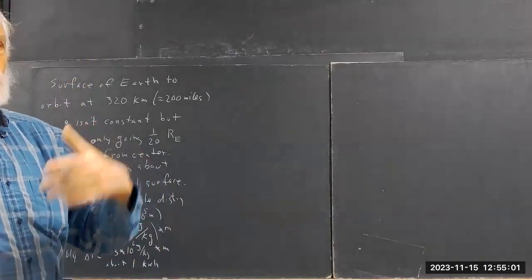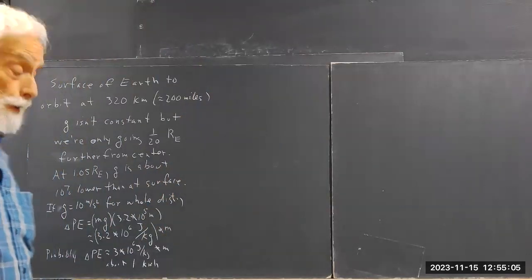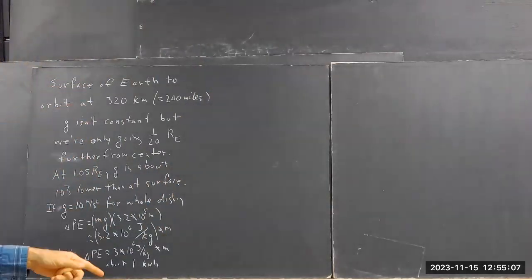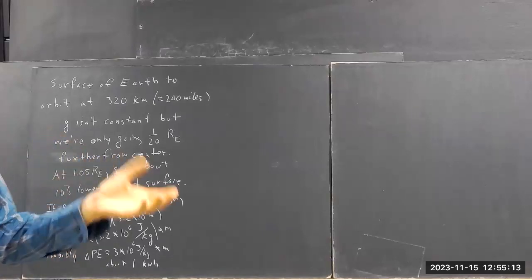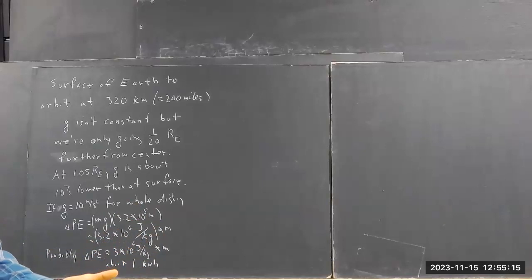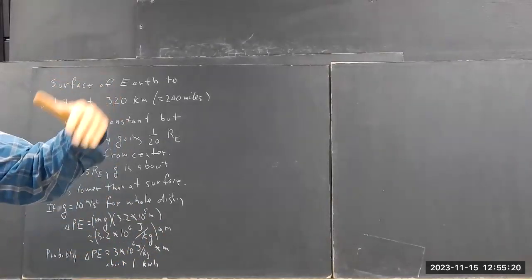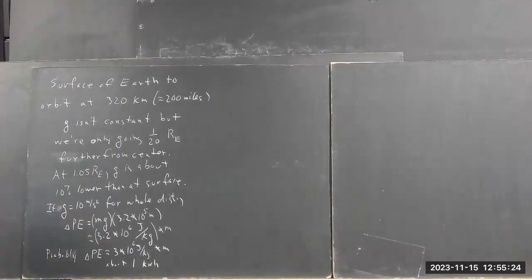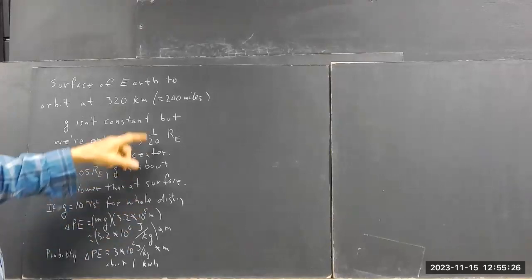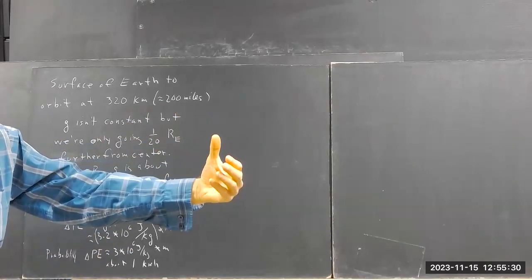To overcome the potential energy gain. What's the potential energy change from here up to 200 miles? That's pretty simple. First of all, you can't just use mgh, okay? Because g isn't constant, it's decreasing as you go further from the center of the Earth. Saw that last time. On the other hand, we're only going about 1/20th of the radius of the Earth further from the center.